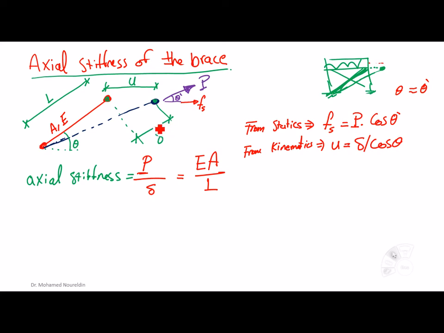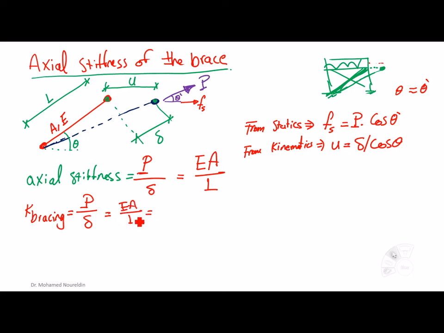Theta, this is delta. And we have this U, so we have this relation between delta and U, which is delta over cosine theta. Now, K for one bracing is going to equal P over delta, which is EA over L, right?